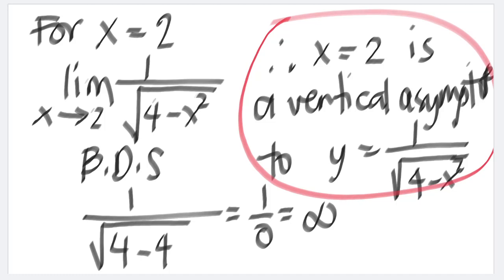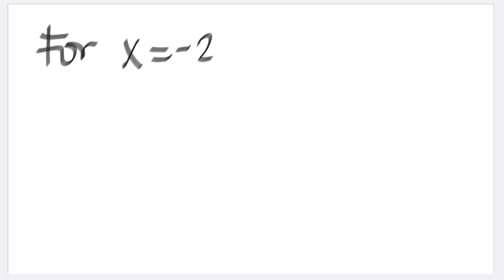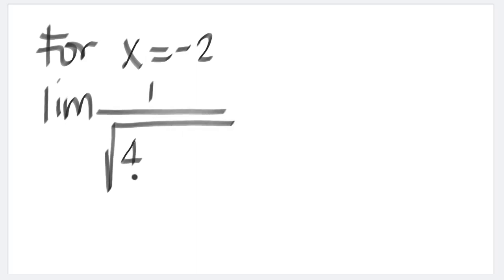Okay, now what about the negative 2? So for x equal to negative 2, we again get the limit of 1 over the square root of 4 minus x squared as x approaches negative 2.